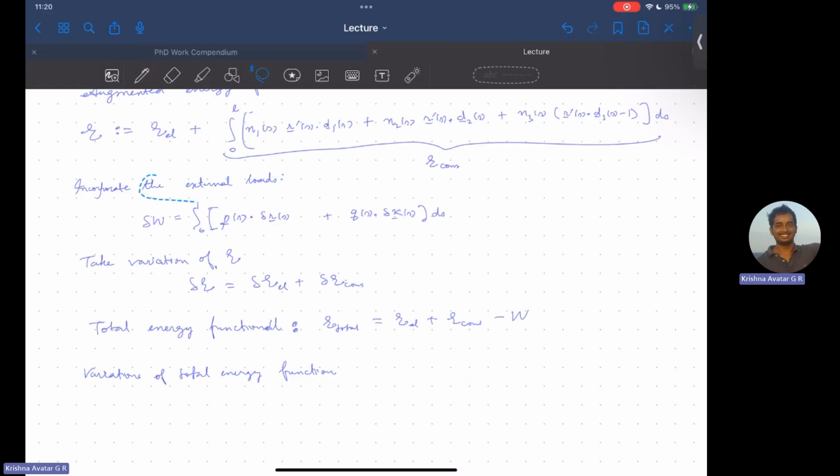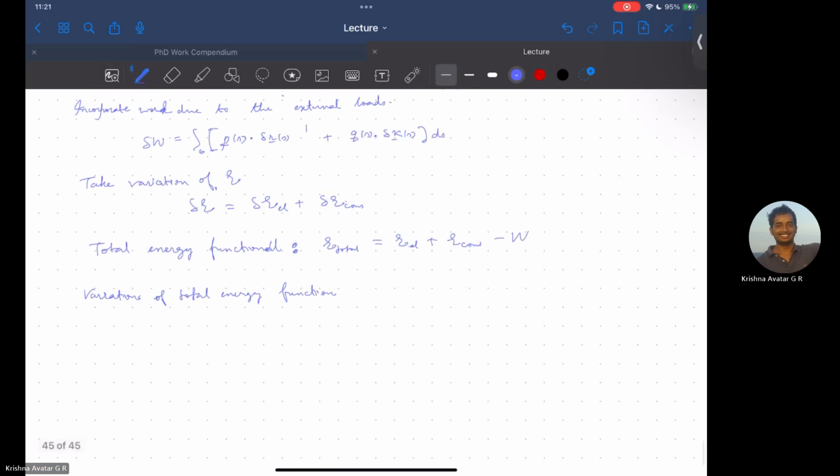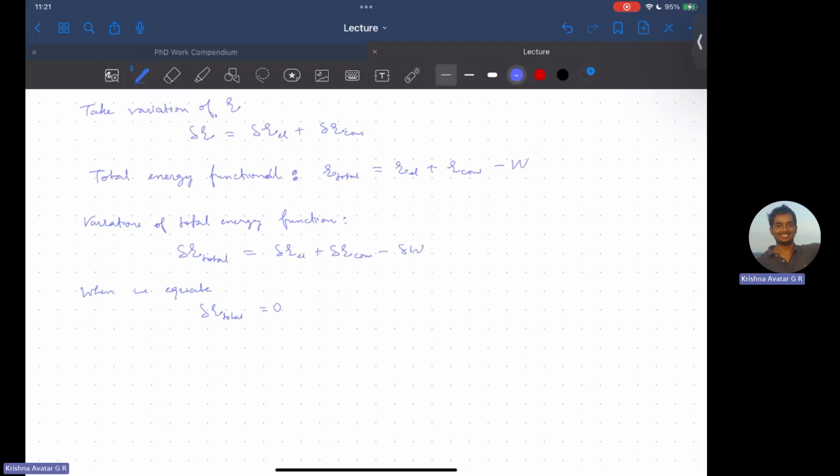So I should incorporate this. The total variation is delta E_EL plus delta E cons minus delta W. And when we equate delta E total to 0, then we use the fundamental lemma of calculus of variations.